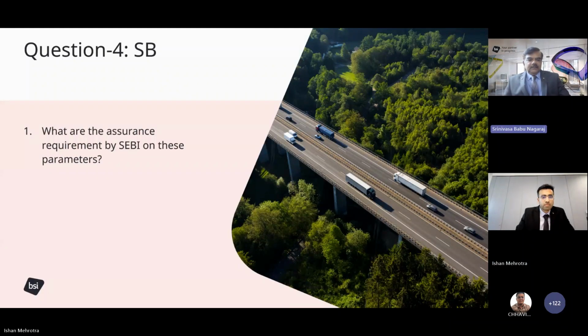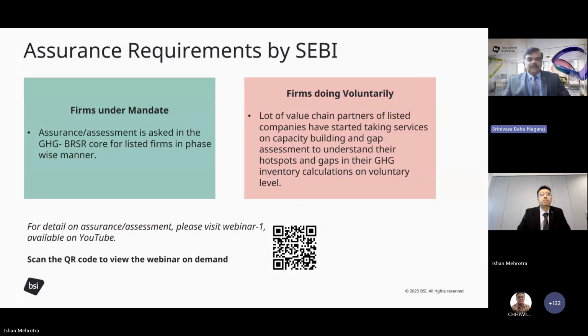Thank you, Mr. Rishan. SEBI requires listed companies to disclose scope 1 and scope 2 GHG emissions, which is again part of the BRSR Core 9 principles. However, these disclosures must be assured or assessed by an independent third party.